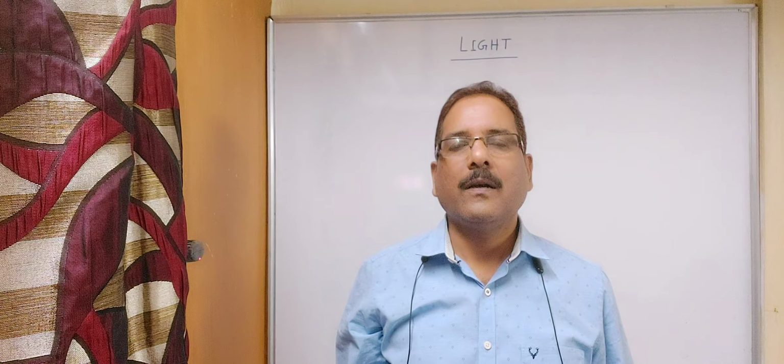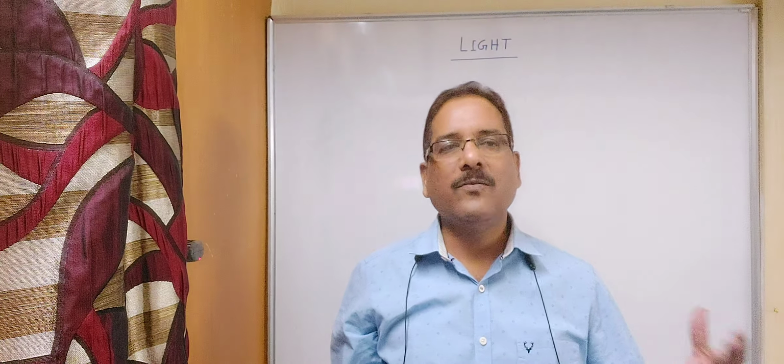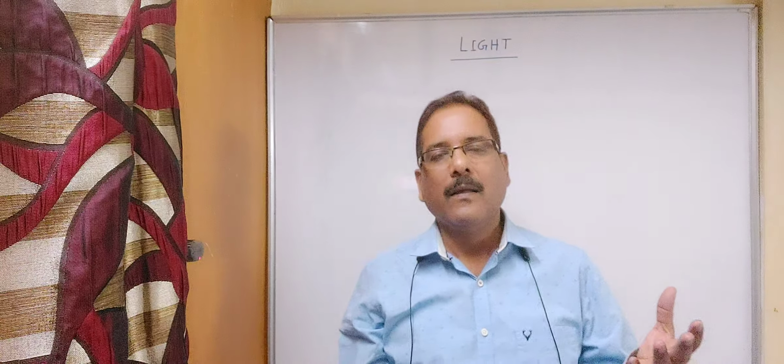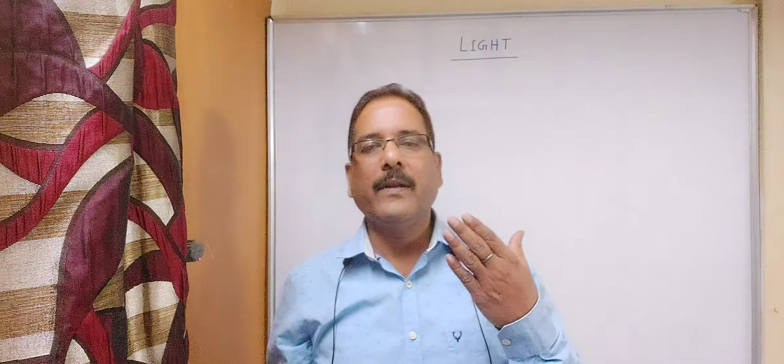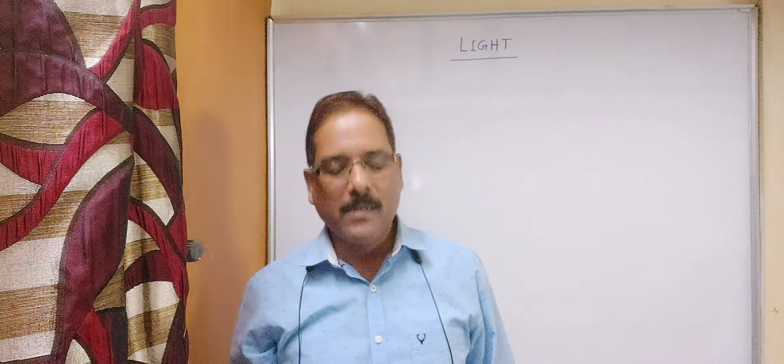Without light, we can't see the things around us, because when light falls on them and the reflected light reaches our eyes, then we are able to see the objects around us.